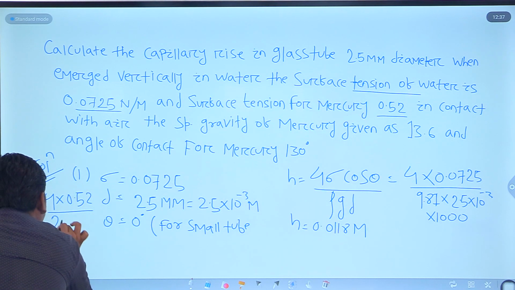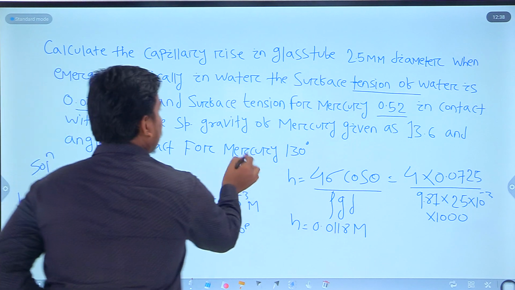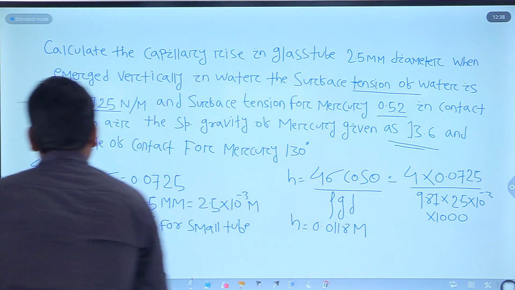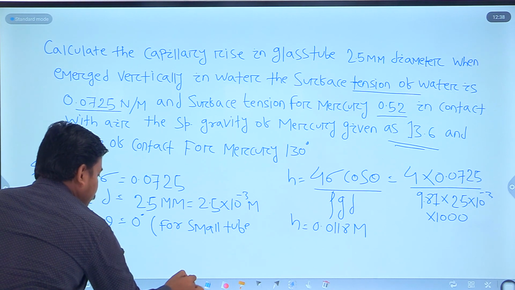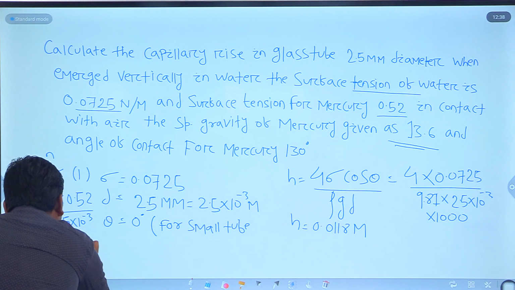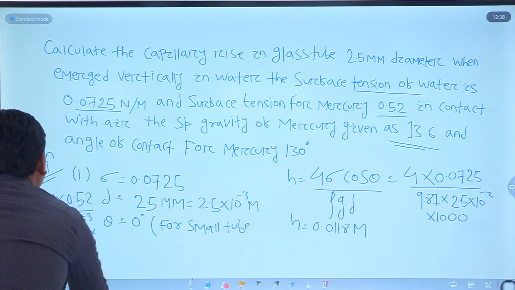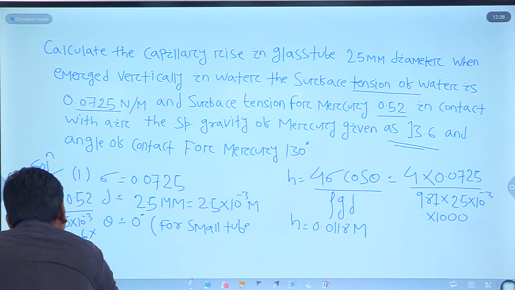Same, 2.5 into 10 to the power minus 3. Given here, rho value is 13.6, 13.6 into 9.81.